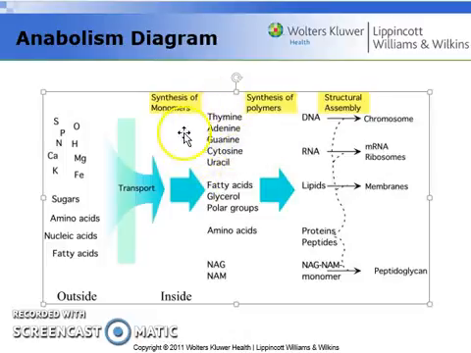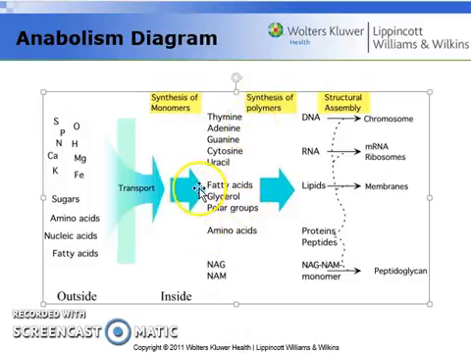So we have the synthesis of these monomers, and once they're synthesized, then we can have the synthesis of polymers, which are just simply many molecular structures joined together.